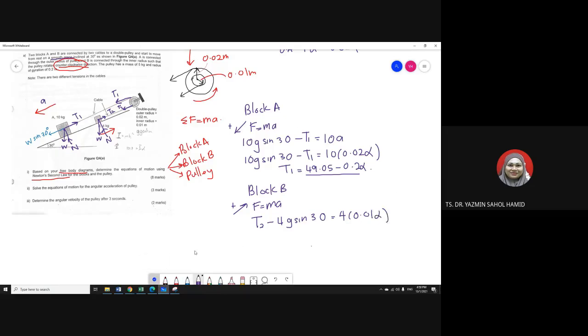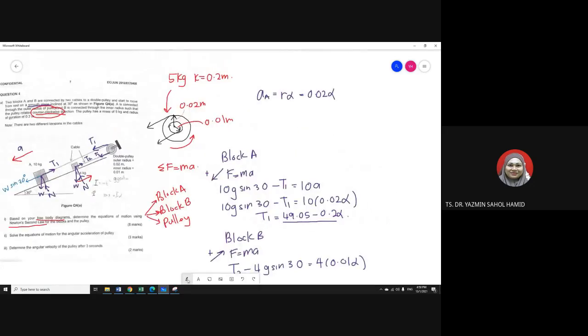Make sure you write it down. Acceleration for block B is R alpha, but use the inner radius, which is 0.01 alpha.